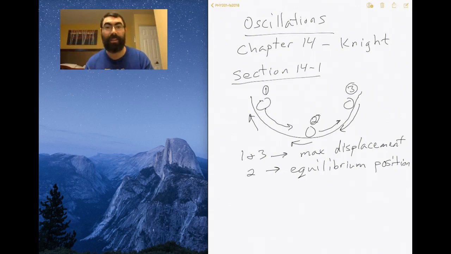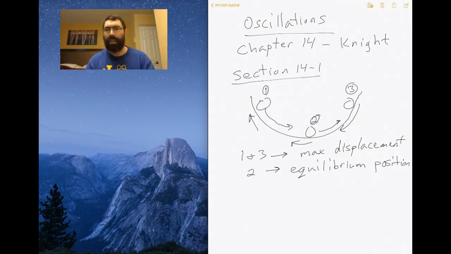It's going to stay there in equilibrium. And so that equilibrium position is kind of its middle point. It's a midpoint between the max displacement of 1 and the max displacement of 3. So it's the point where if you just put it there, it wouldn't move. There wouldn't be any gravitational potential energy to transfer into kinetic, and there wouldn't be any kinetic energy for it to actually crawl up out of the bowl.